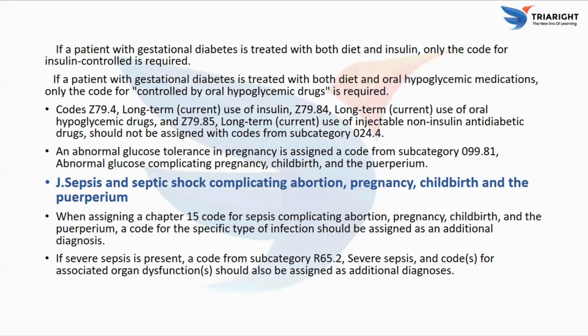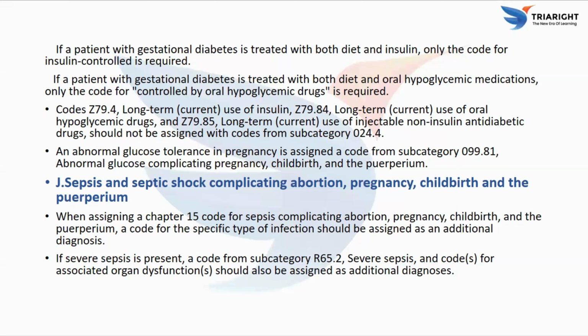Step 2 is you have to add a code for the specific infection. For example, A41.9 is assigned for sepsis of unspecified organism. B95 to B96 is for bacterial cause, that is Streptococcus and Staphylococcus, etc. So this tells us what infection caused the sepsis.